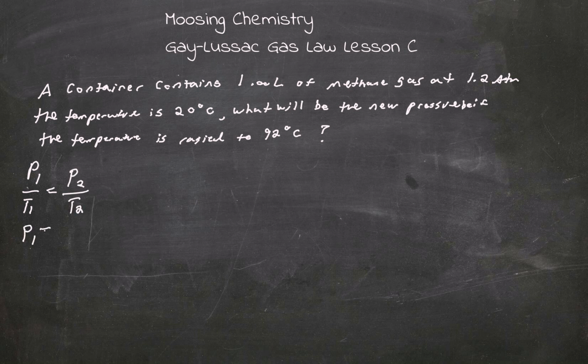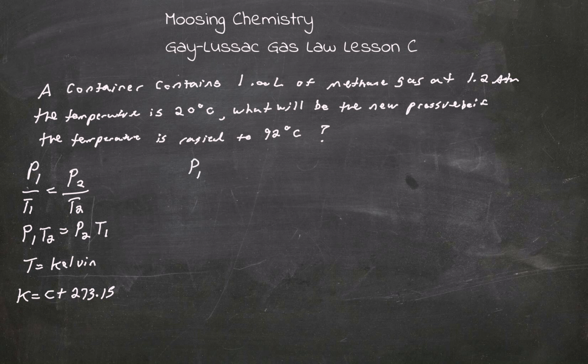So P1 T2 equals P2 T1. All right, remember that temperature has to be in Kelvin. So we're going to need to use K equals C plus 273.15 here. Okay, so let's go ahead and set up what we know.